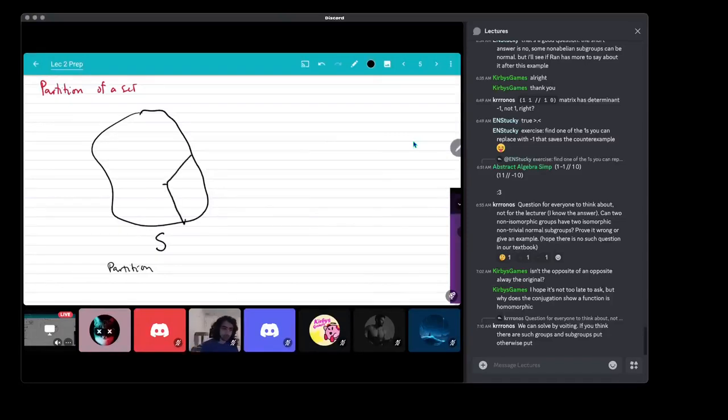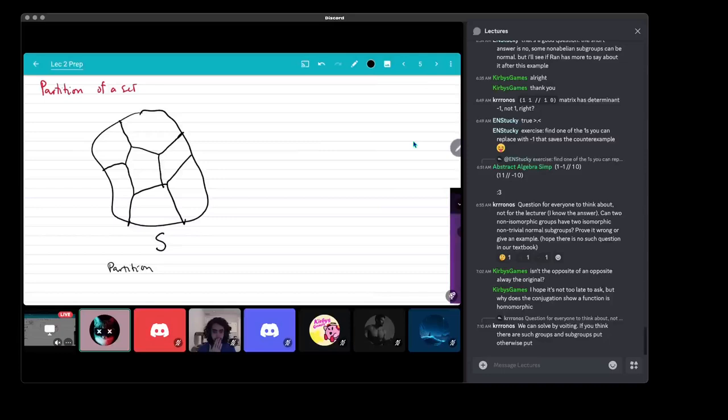So I write this set as a region, but it can be any set. A partition is a subdivision of the set, so it's a kind of a list of subsets. So in this case, this is a subset, this is a subset, and so on, satisfying that no two are overlapping.